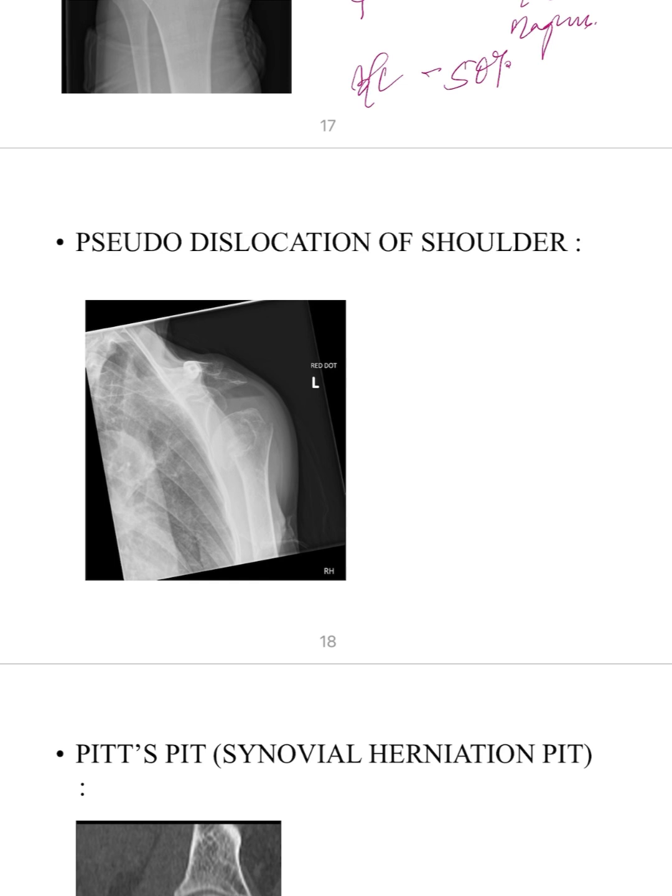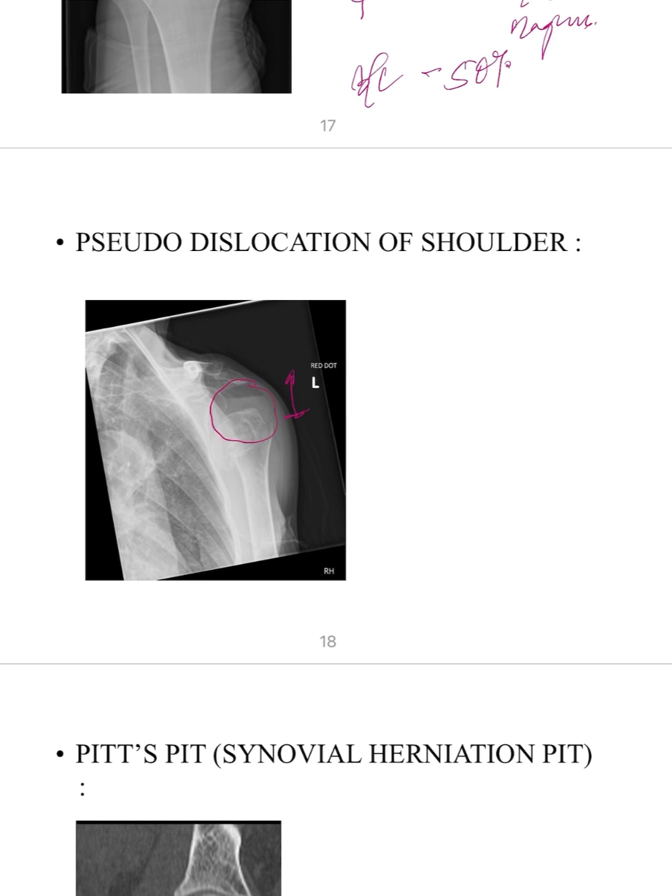shoulder. As you can see, the shoulder does not appear to be in place; it appears dislocated. This happens because of an occult fracture. You might think that there is dislocation and try to put it back into place, but the humeral head never relocates, and it might cause further pain.